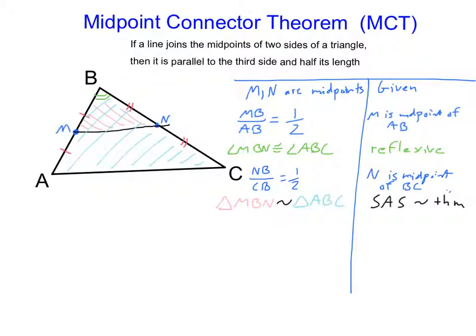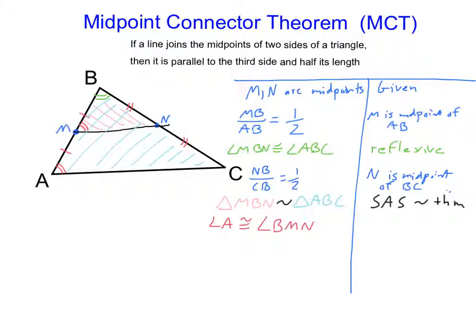Okay, so how does this help us? I need to show that that line's parallel to that one. And to prove parallel lines, I need to know some angles. I'm going to approach this one from the left-hand side, so looking at this angle and this angle, that angle A is congruent to angle BMN.